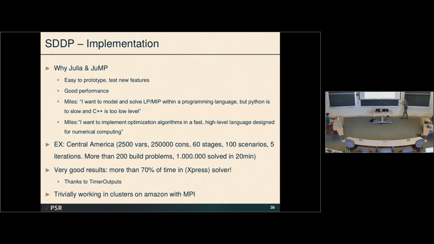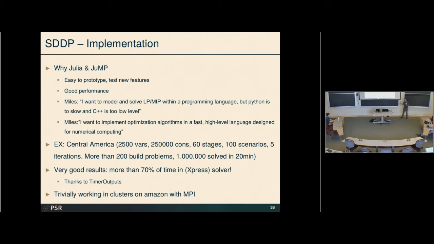That means a subproblem is built in JuMP more than 200 times, and a subproblem is solved by a solver more than 1,000,000 times. So it's very critical to have good performance everywhere. Sending solver information, getting information from the solver, building problems.